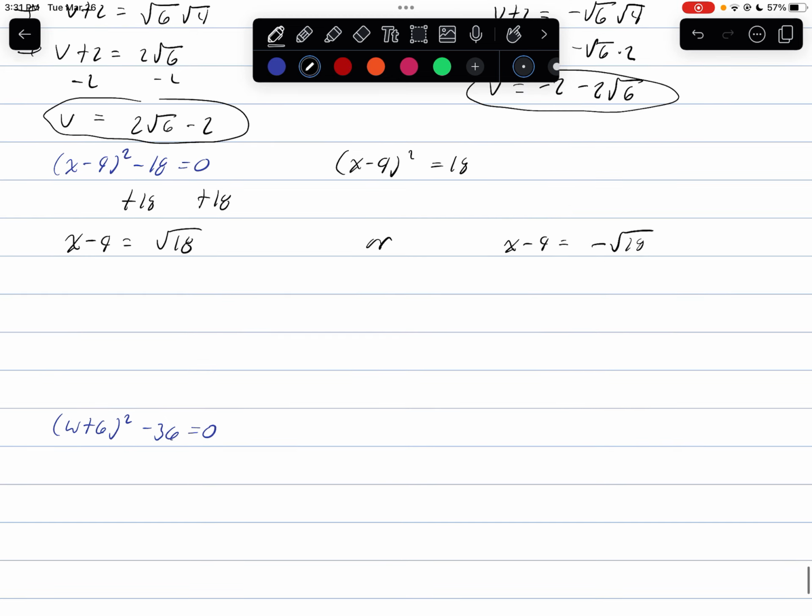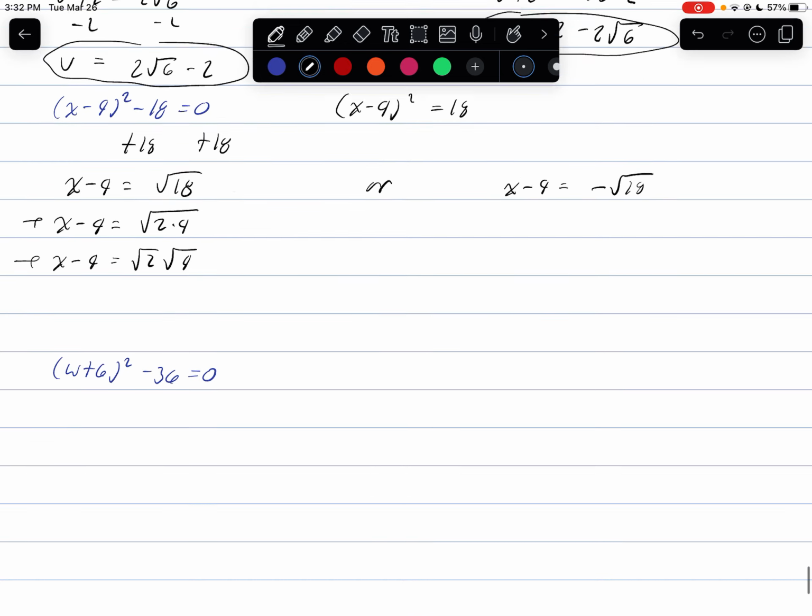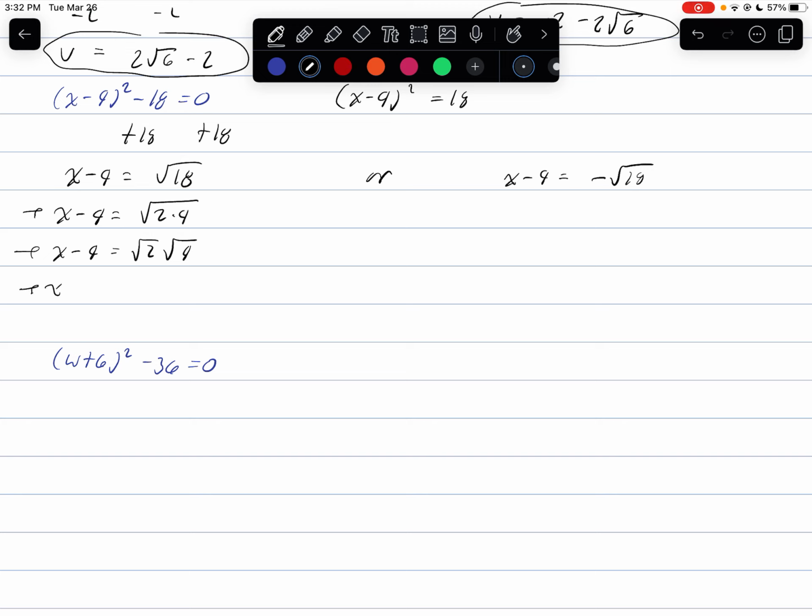Okay, and you'll notice from the way we did this last time, we really only have to fully solve this thing through once. We just have to be careful with negative signs. So here we have x minus 9 is equal to the square root of 2 times 9. Which gives us x minus 9 is equal to the square root of 2 times the square root of 9, which gives us x minus 9 is equal to 3 times the square root of 2.